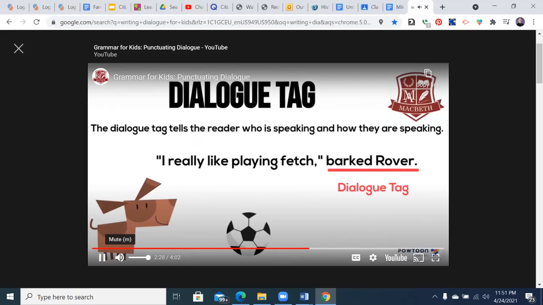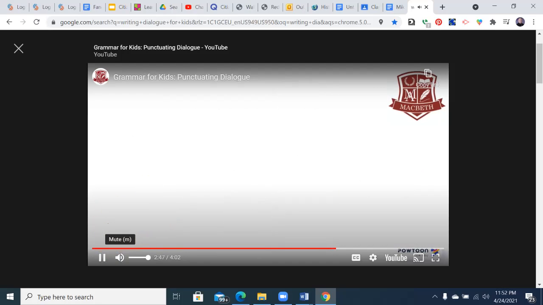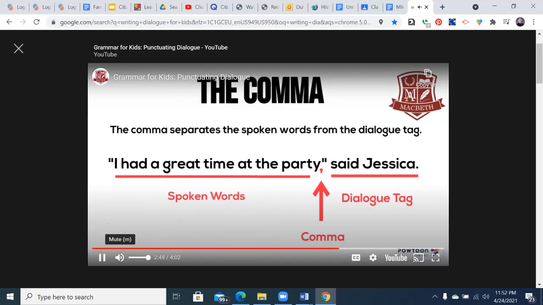The dialogue tag tells the reader who is speaking and how they are speaking. In the sentence below, "I really like playing fetch," barked Rover. The dialogue tag is "barked Rover." Barked is how Rover spoke, and Rover is the who, or in this case, what spoke. The comma separates the spoken words from the dialogue tag. In the sentence below, "I had a great time at the party," said Jessica.